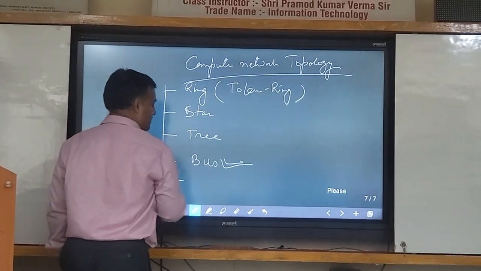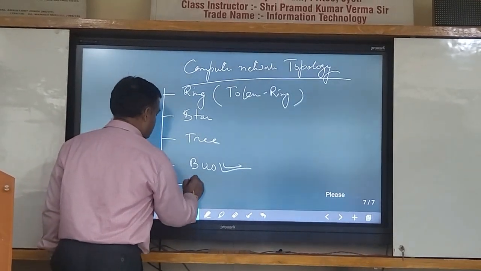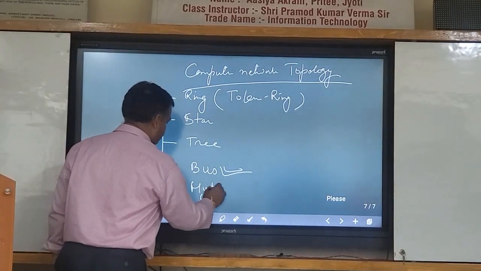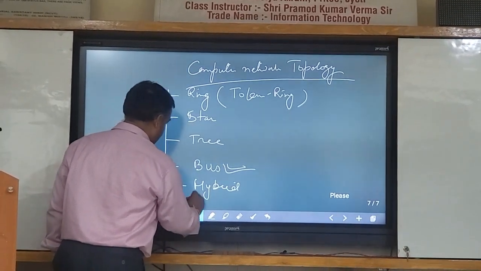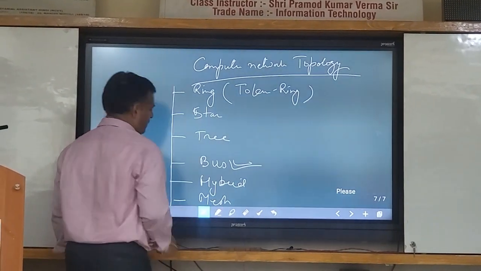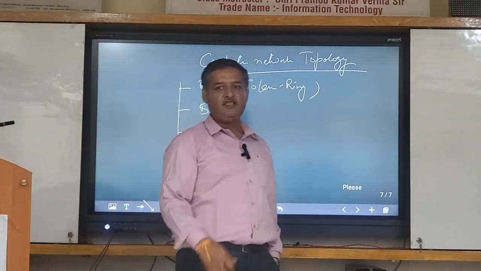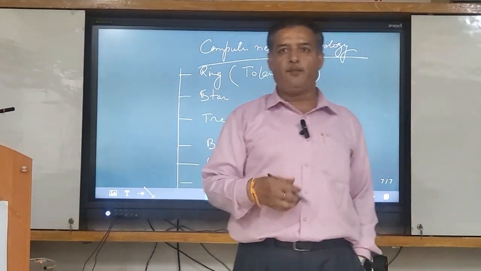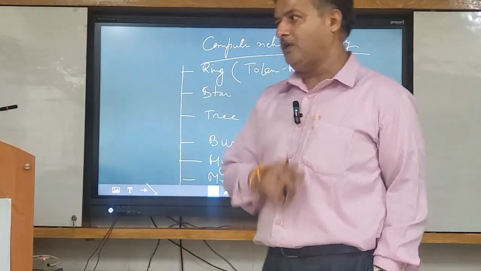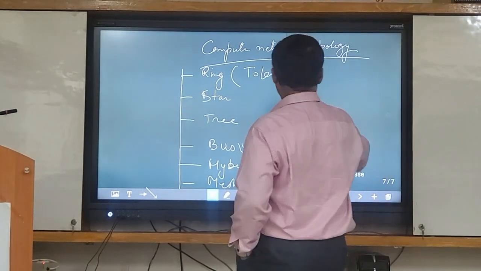Then the hybrid type topology, and the mesh topology. These are the different types of arrangement in which the computers are interconnected to each other. Now, one by one, we are covering each topic.